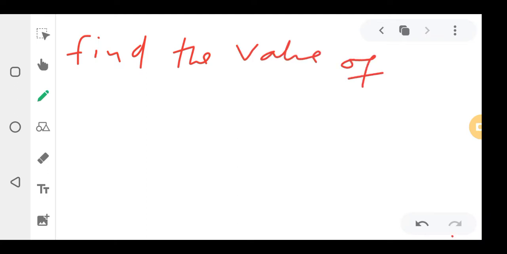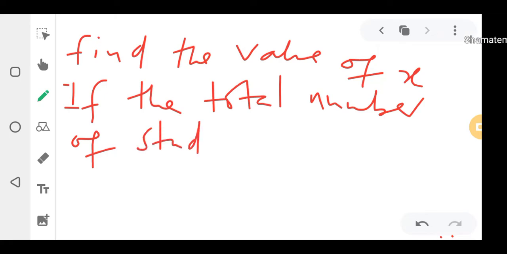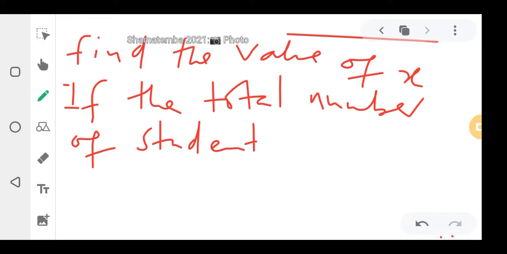So they can say, find the value of x if the total number of students were 20.